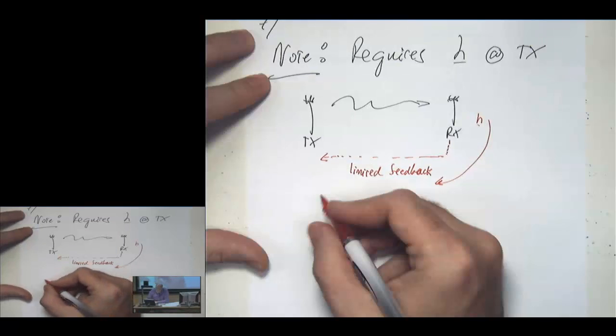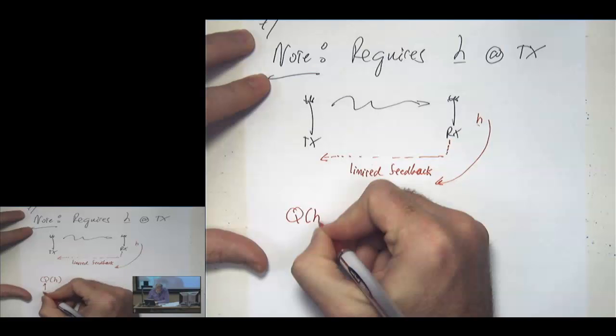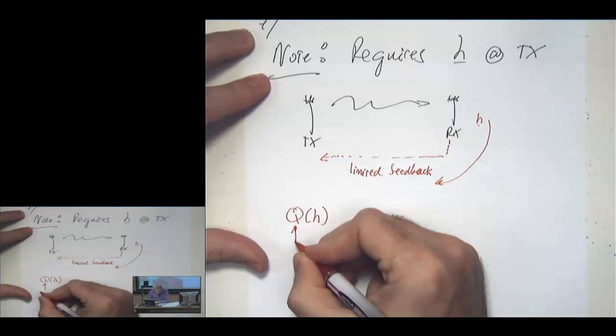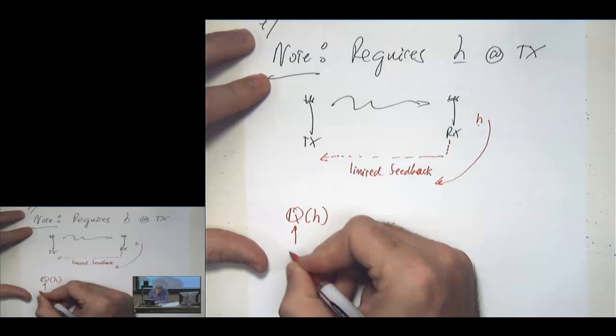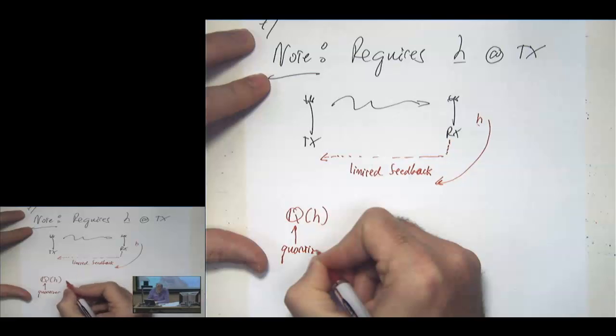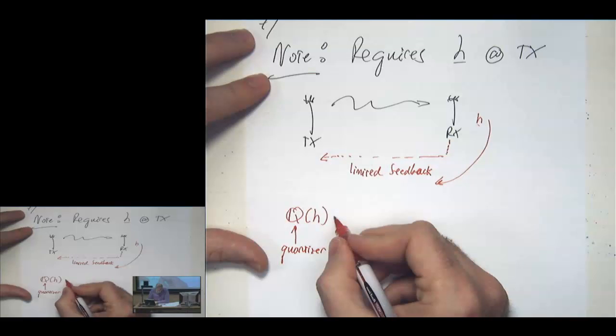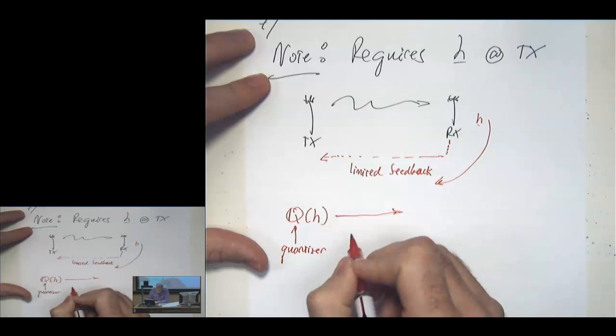And so the limited feedback idea is you quantize this h here. This is, sorry, a quantizer function, not a Q function here. And so you quantize that h, and then send the quantized version back to the transmitter.